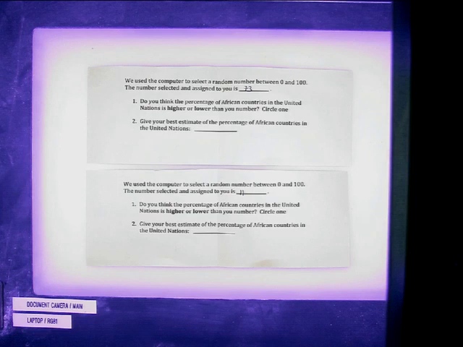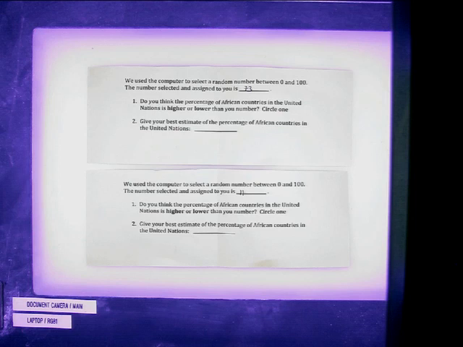So I tricked you a little bit. You actually didn't get a number assigned at random from the computer. You did get a number assigned at random, but by me, and it was only either 11 or 73. This was an experiment.